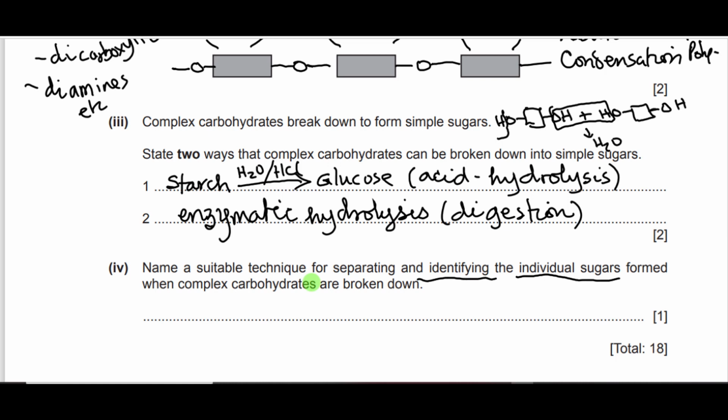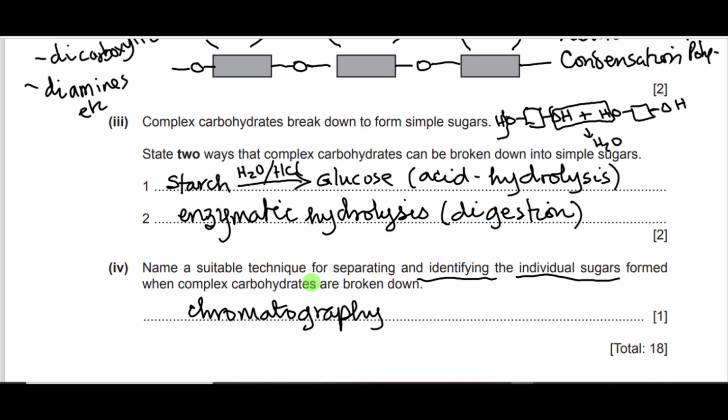So the method that we can easily use to identify these sugars after hydrolyzing the starch or any complex carbohydrate is chromatography. You can use chromatography to identify them.